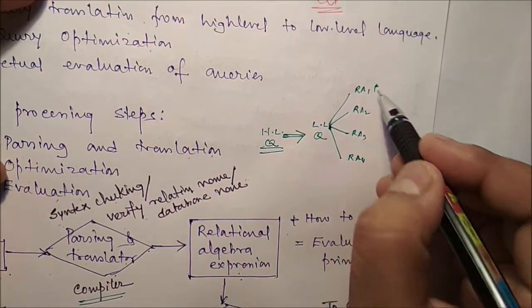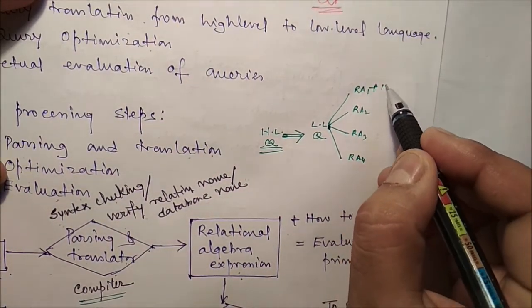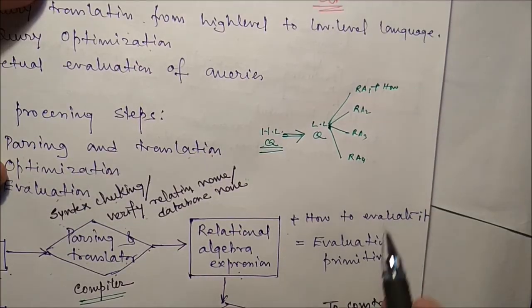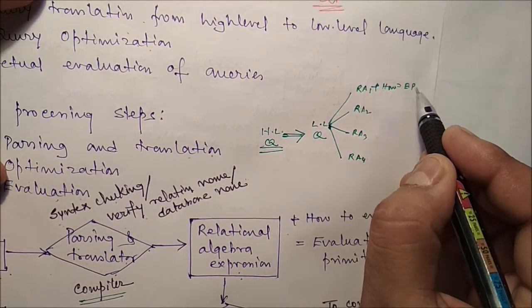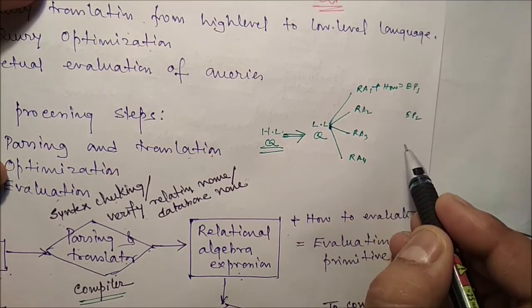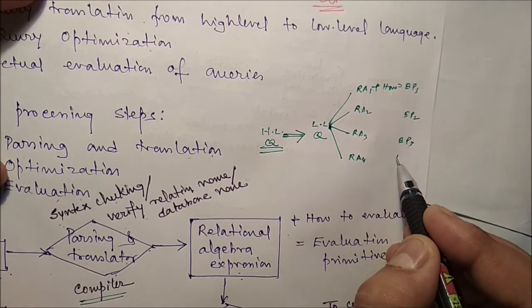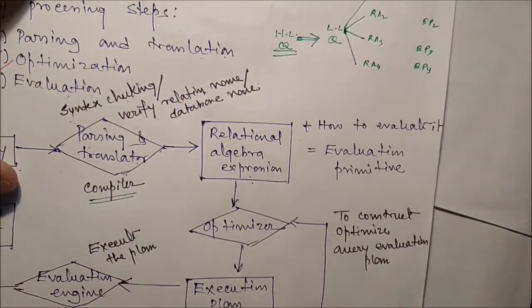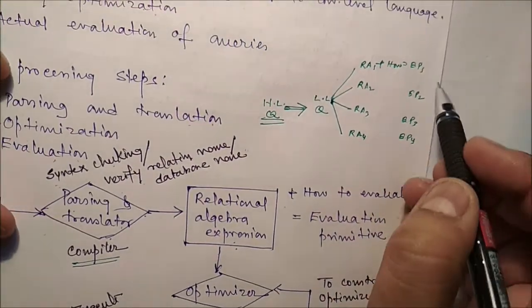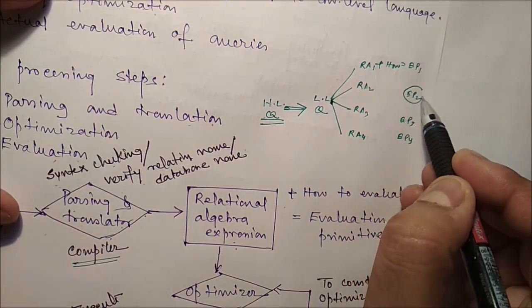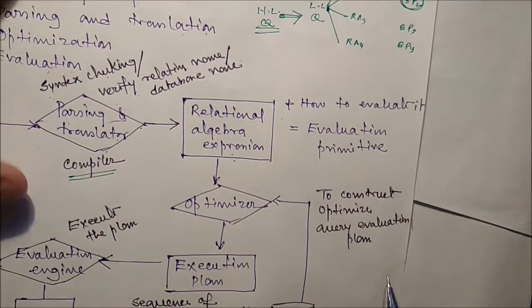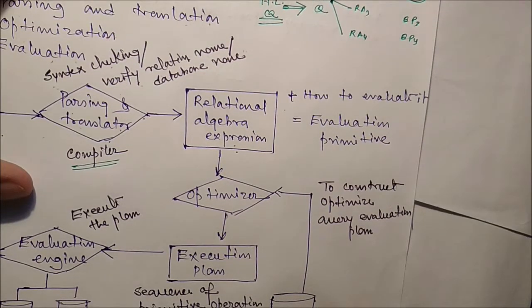With the help of how to evaluate each, we get evaluation primitive 1, 2, 3, 4. But here the optimizer identifies the best one, say this one.